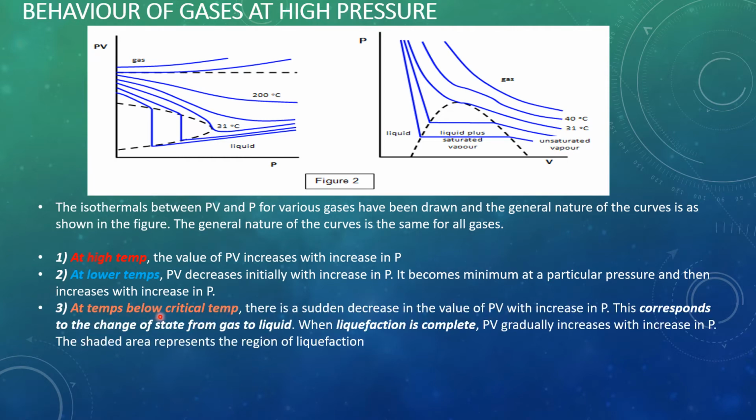At temperatures below critical temperature, there is a sudden decrease in the value of PV with increase in P. This corresponds to the change of state from gas to liquid. When the liquefaction is complete, PV gradually increases with increase in P. So this area represents the region of liquefaction.